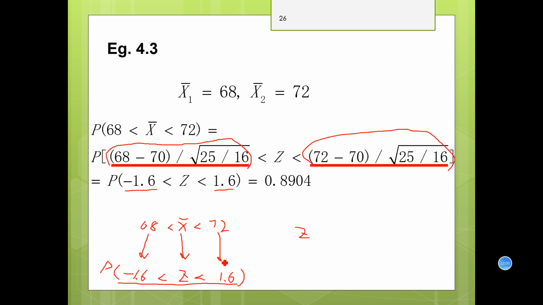Okay, so how can we know the probability? I think we have already learned that in chapter 6. So the first one, we need to check the probability for each value of z in table A1.